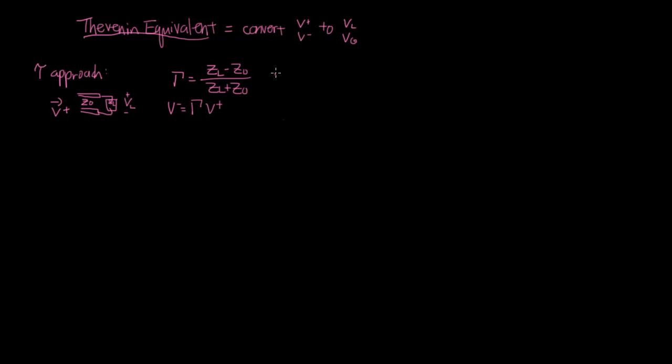But if you want to find the voltage at the load, we also found previously that it's going to be equal to V plus plus the reflected wave, V minus. Since V minus is gamma V plus, we can also find that the voltage at the load, if you write it in terms of V plus, is going to be equal to 1 plus gamma times V plus.